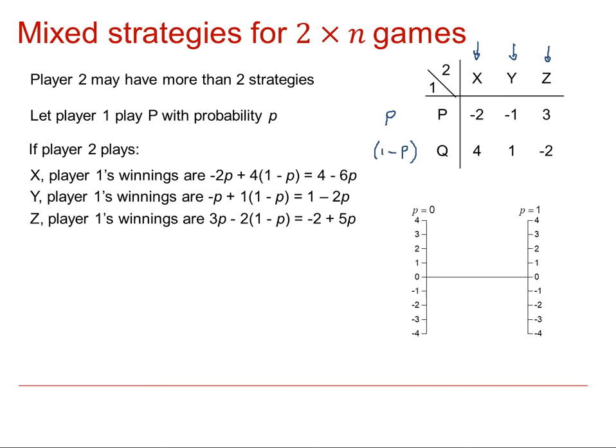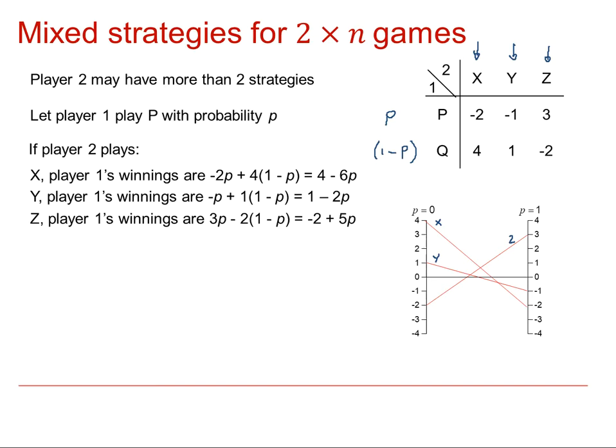So those now give us 3 lines which can go onto our graph. There's the first one, which I will then label as option X for player 2. The second one there, this is option Y. And then finally the third one, option Z. So X, Y and Z.